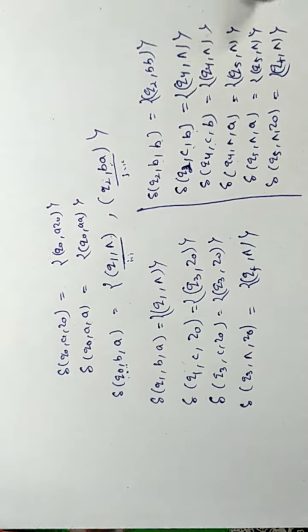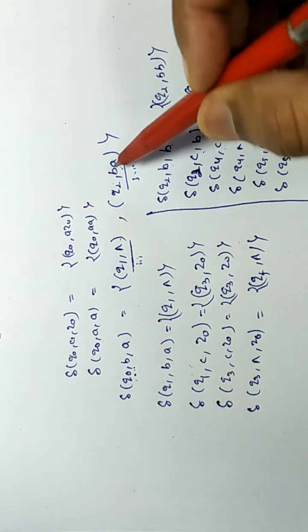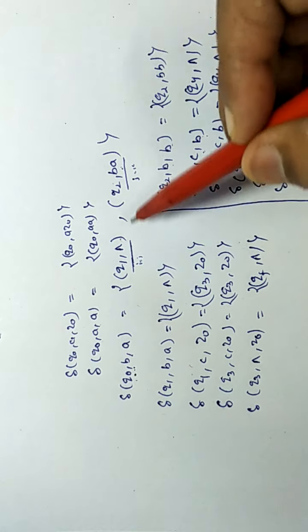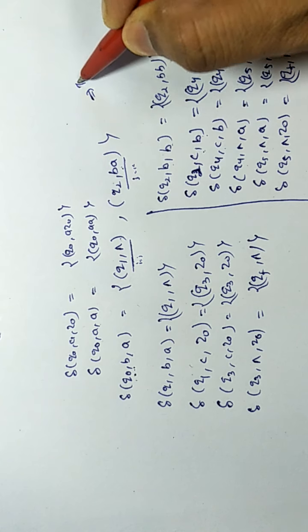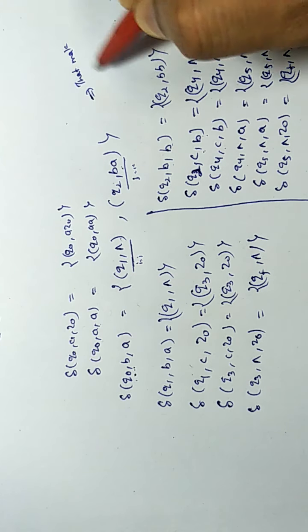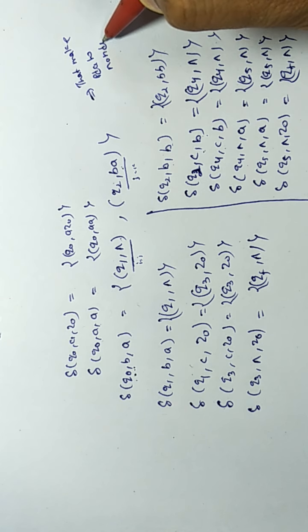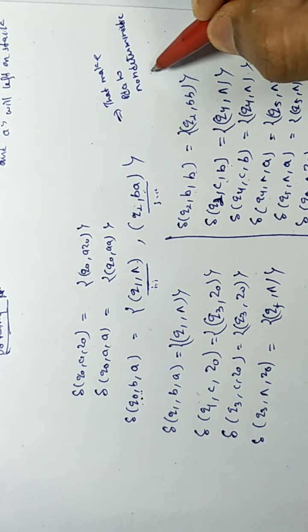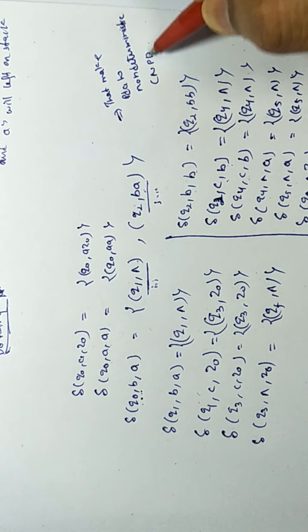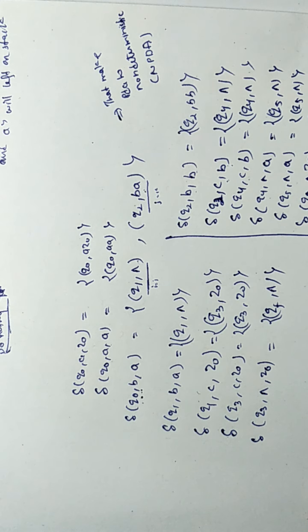In this PDA, if you look carefully, here we have two choices on a single transition, and that makes the PDA non-deterministic. It is known as NPDA. Here PDA is non-deterministic because we have two choices on this transition.